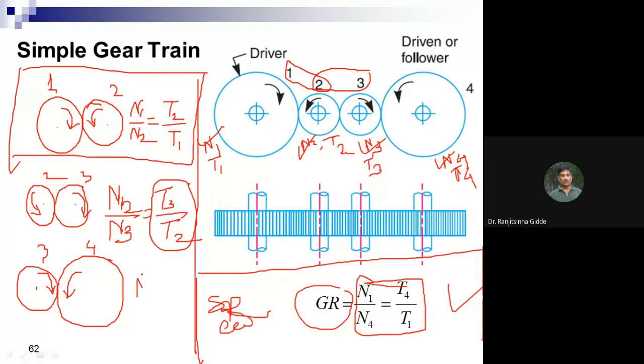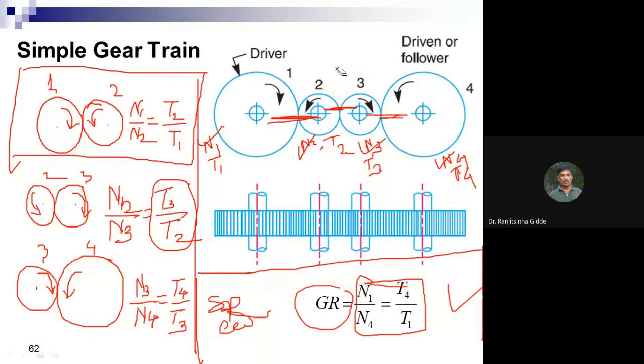So how to write the speed ratio? n3 upon n4 is equal to t4 upon t3. So whatever speed ratio for this combination: first these two are in mesh, then this 2 is in mesh with gear number 3, this 3 is in mesh with gear number 4.